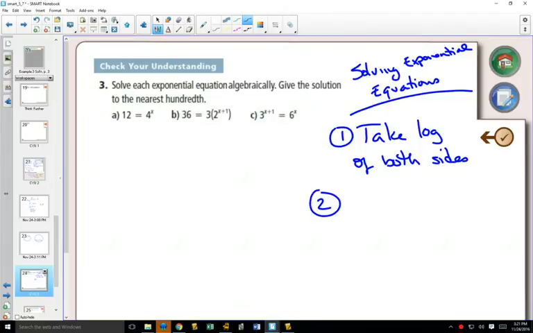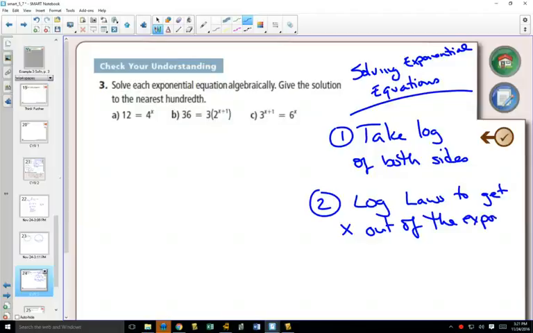Two, then you use your log laws to get the x out of the exponent. And then three, we can solve for x.